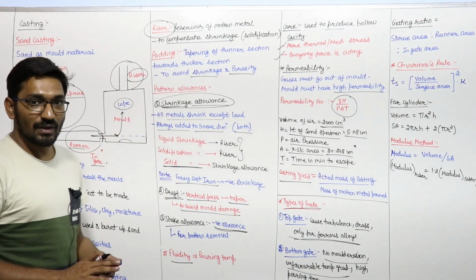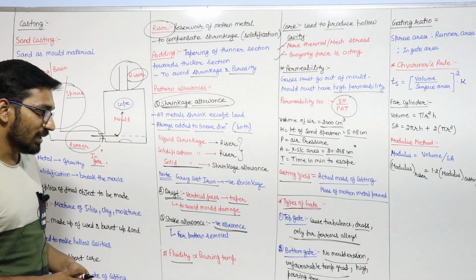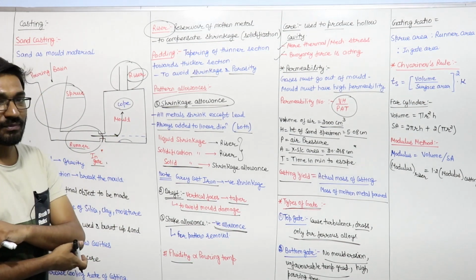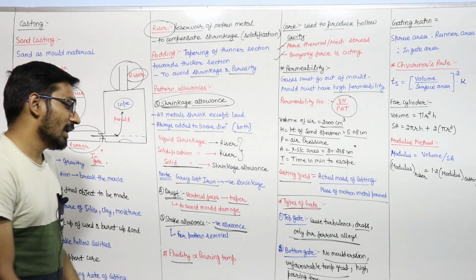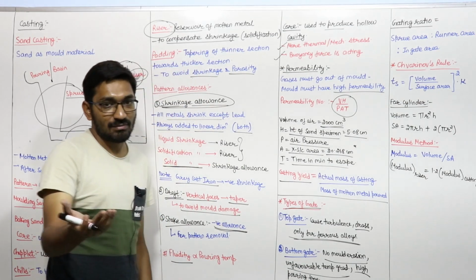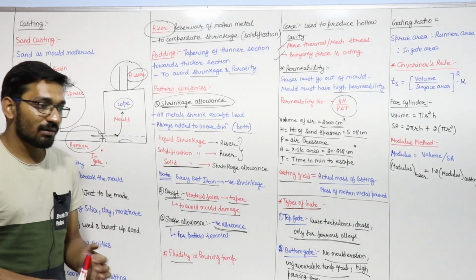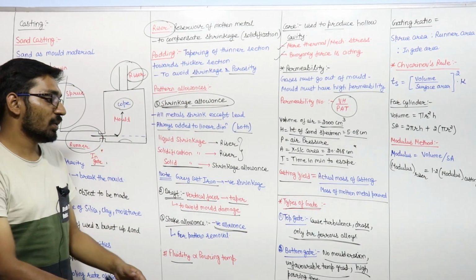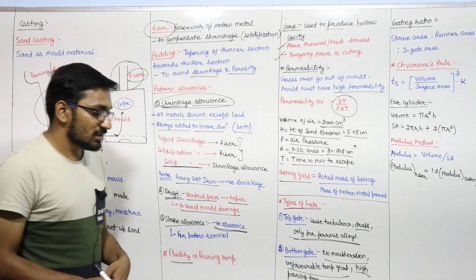In the top gate you will have a favorable temperature gradient, but in the bottom gate you will have an unfavorable temperature gradient. And in the bottom gate high pouring time is there. Why high pouring time? That is obvious, because you are working against the gravity. Next is the gating ratio.